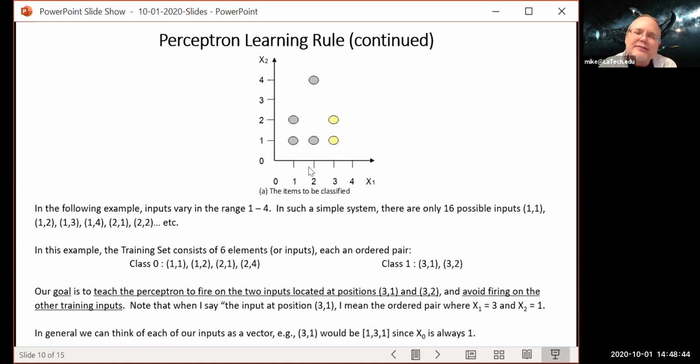And this graph has 2 axes. It has the x1 axis, which we would normally call the x-axis, and it has the x2 axis, which we would normally call the y-axis, right? And these inputs are plotted here. So this is an input space that represents a problem that we would use a 2-input perceptron for.